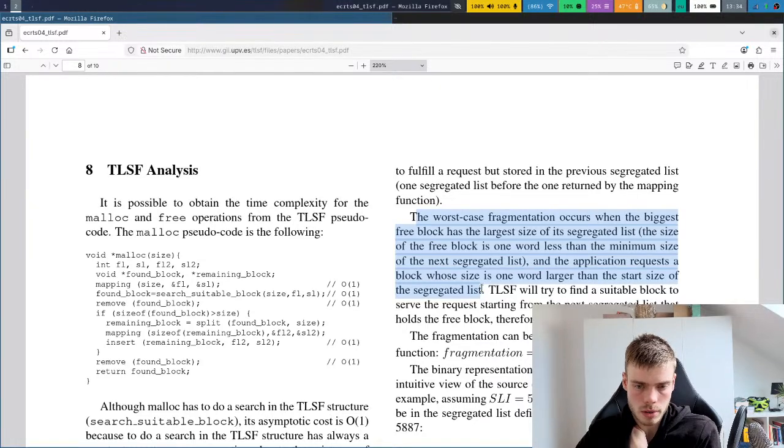One word larger. Start size. But it only compares the start size?